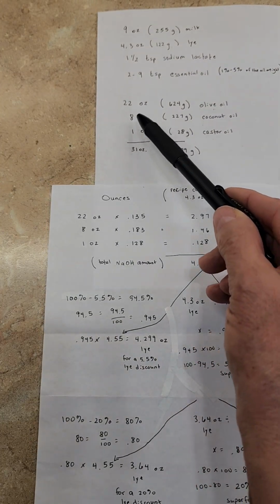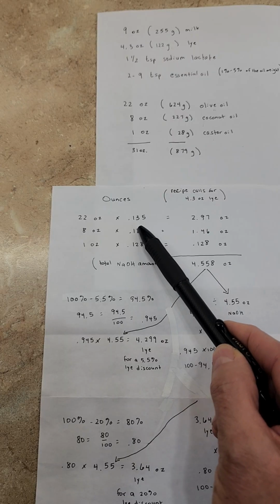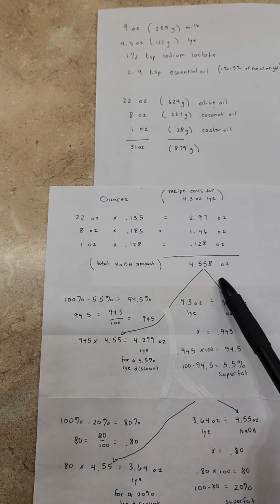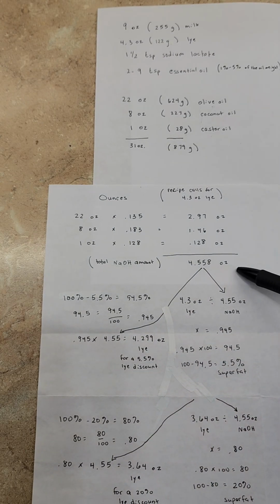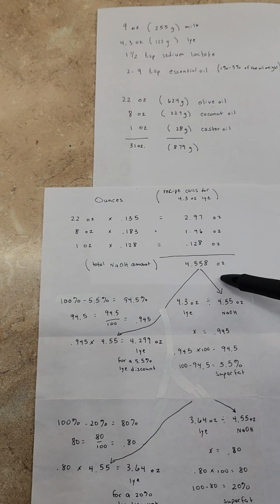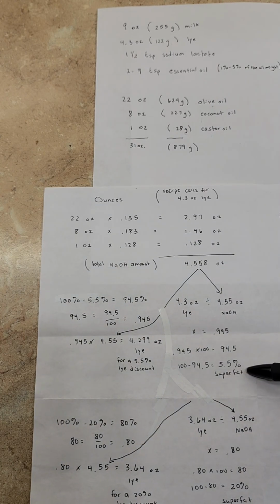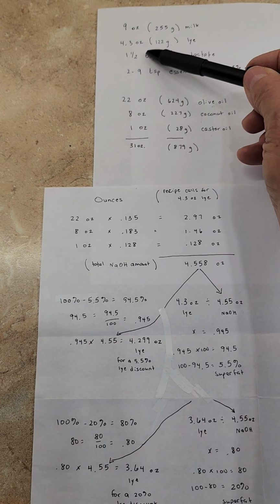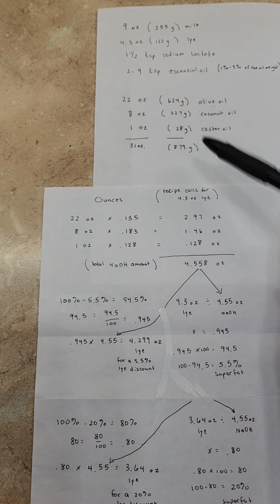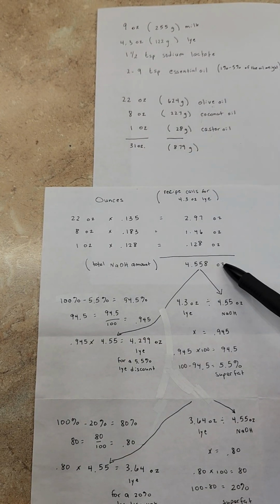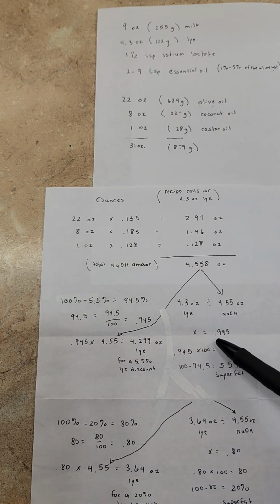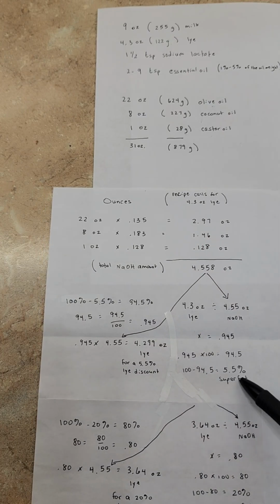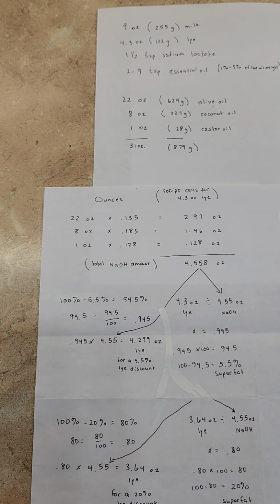So I took my measurement of ounces and multiplied them by the NaOH number, and I end up with an ounces figure. And when I wanted to figure out what the superfat was, you do the exact same math. You take the amount of lye that is in the recipe and divide that by the total NaOH. Convert that number to a percentage, and you can see that it comes out the same as when we did it in grams.